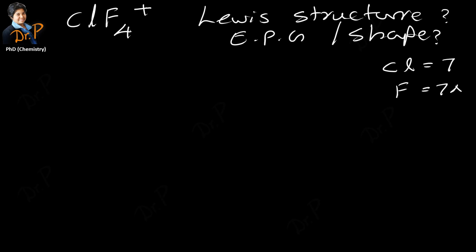Now we have 4 fluorine atoms, and also don't forget the +1 charge the overall molecule holds. So if it is a +1, you take off 1 electron. So the total number of valence electrons is 34.